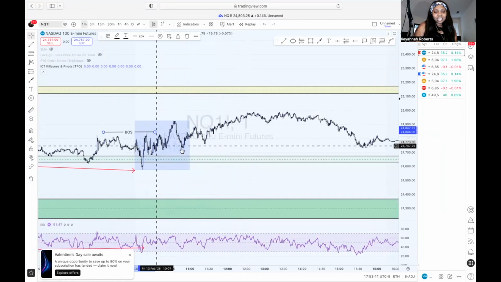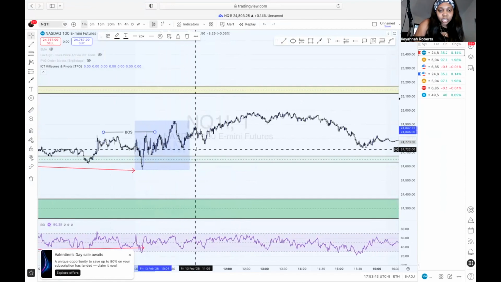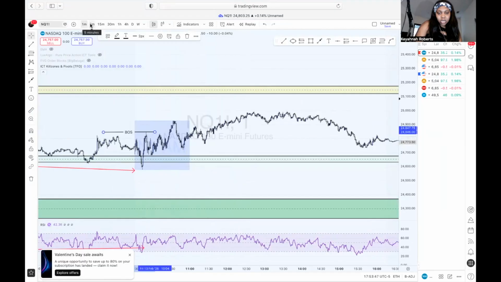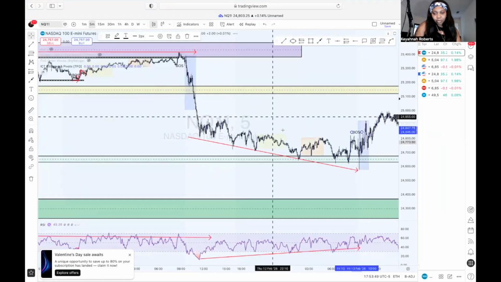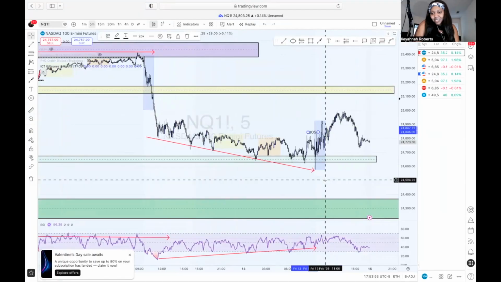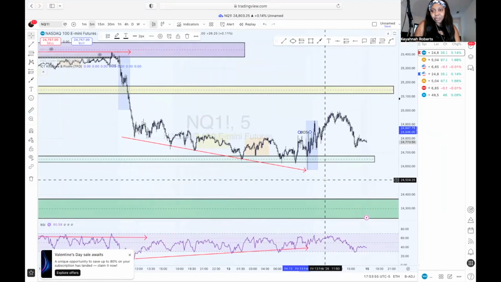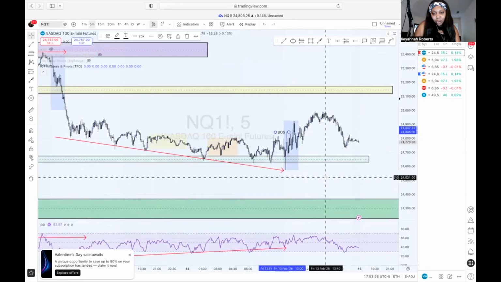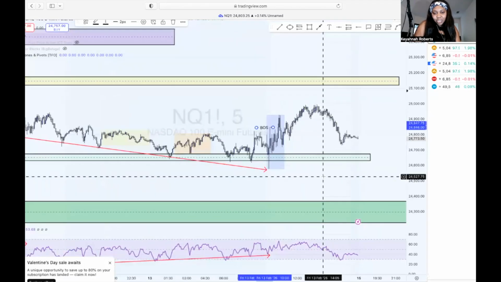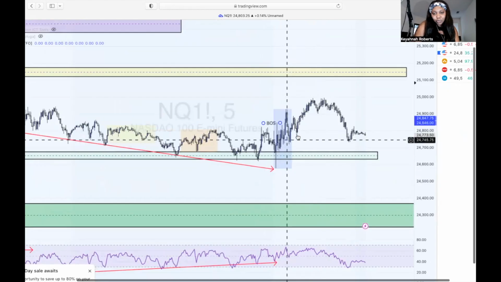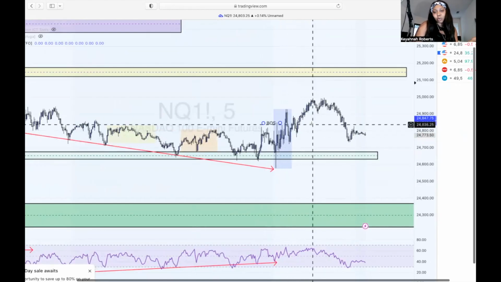Now I didn't really see any fair value gaps per se for this, so it wasn't given for me. You can see the break, you can see the little retest, but ask yourself, would you have taken this? If you would, that's cool. You wouldn't have been wrong.